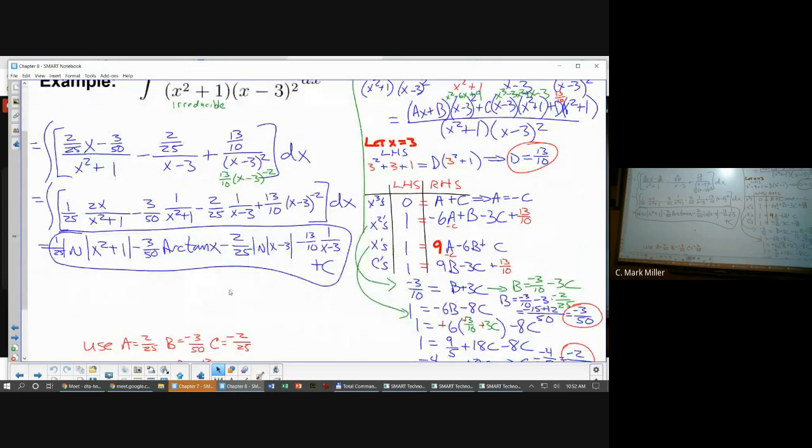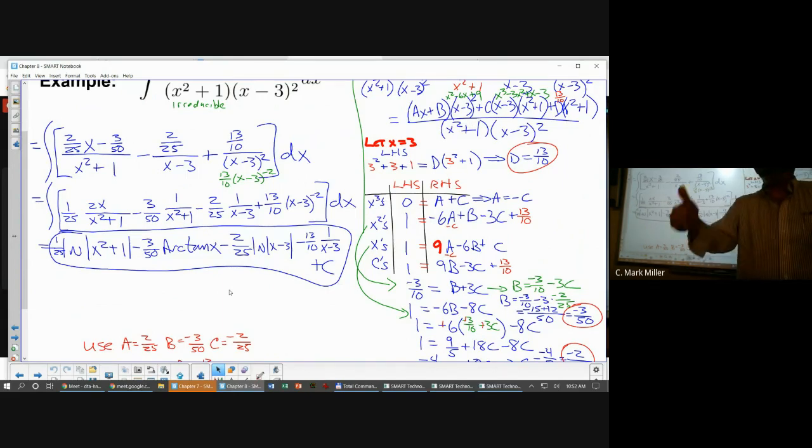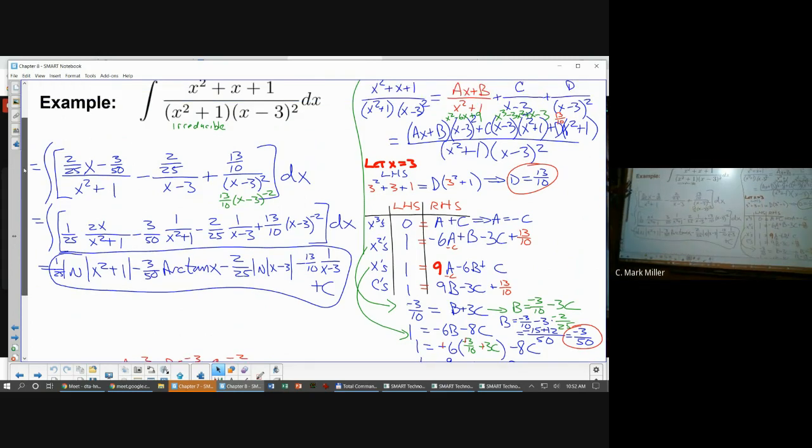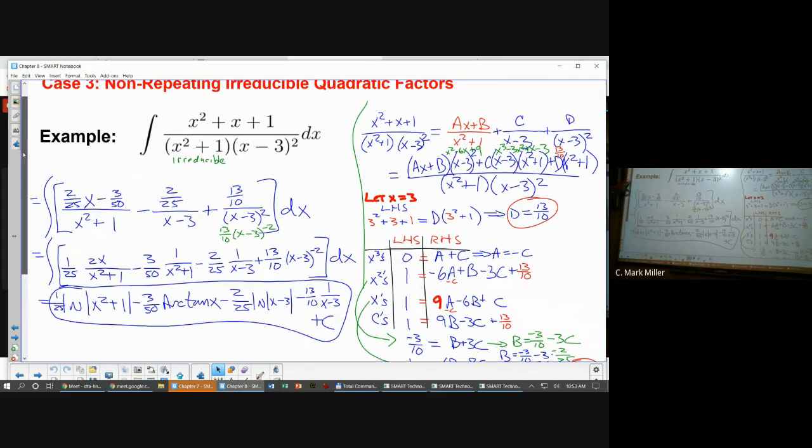This is an example of what you're going to need in terms of derivatives, okay? Because we're doing mostly antiderivatives in this class, but you have no prayer of doing that unless you know derivatives, okay? And so this is one example from chapter 8, and this is by no means a hard example, okay, from chapter 8.